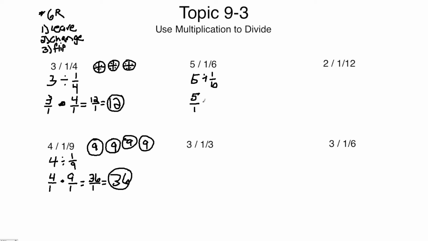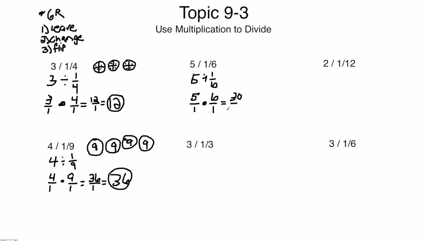So we leave the first fraction alone, change division to multiplication, and flip. Multiply the second fraction by its reciprocal. The reciprocal of 1/6 is 6/1. Now, let's follow the 2 steps for multiplication. Can we cross factor? Nope. So then we go to the second one. Multiply straight across. 5 times 6 is 30.